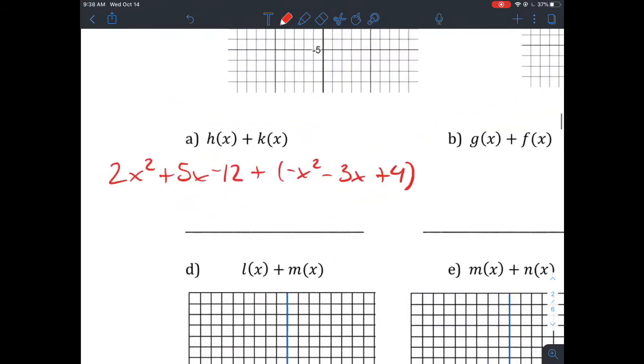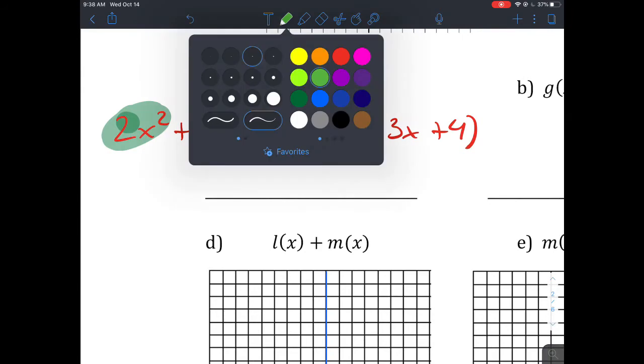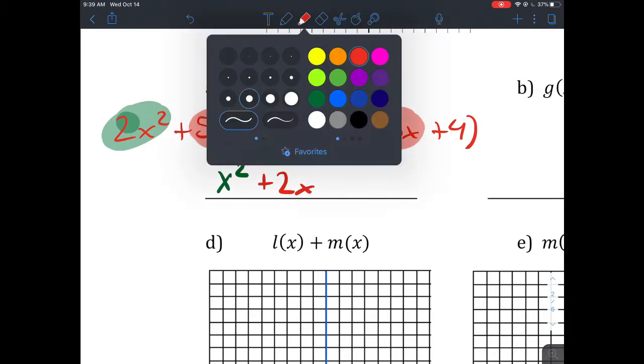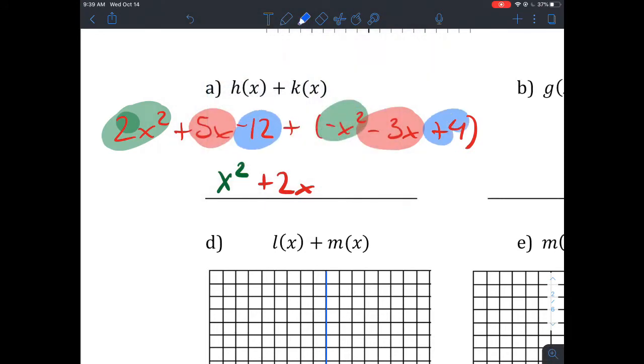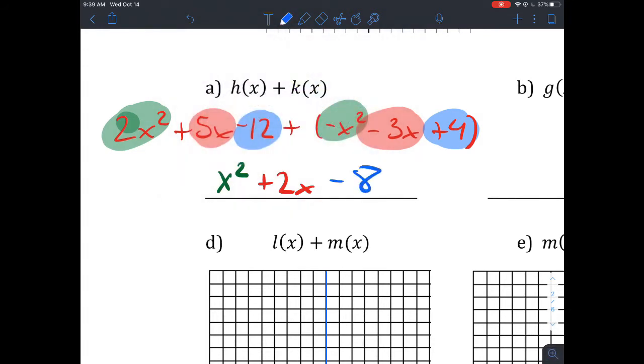Since we're simply combining like terms here, we combine the x squared terms, which gives us x squared, because it's 2x squared minus x squared. Then we combine our 5x and our negative 3x, which gives us 2x. And then we've got a minus 12 and a plus 4, which gives us a minus 8.